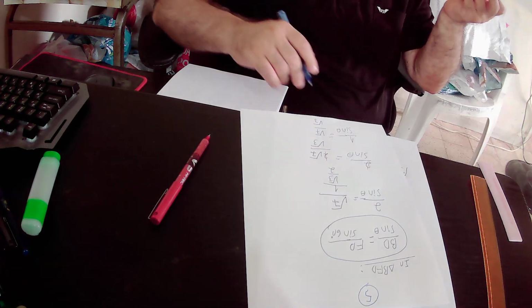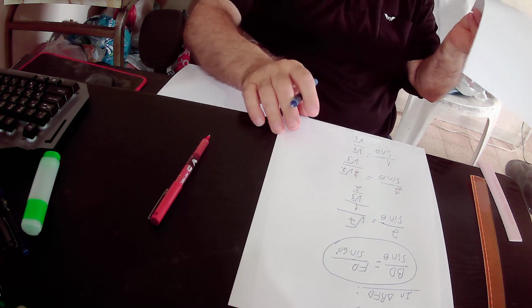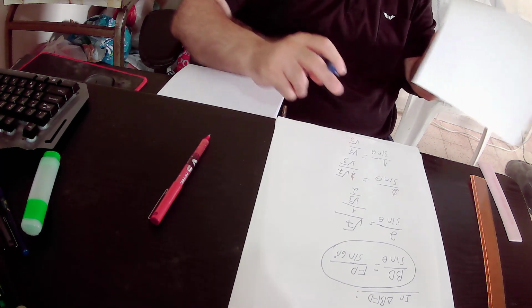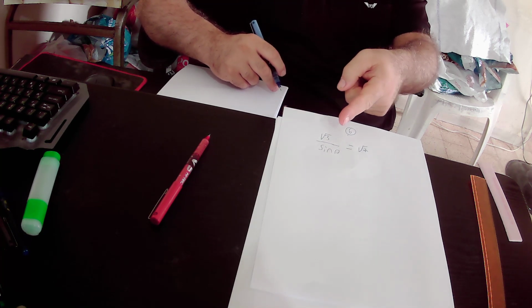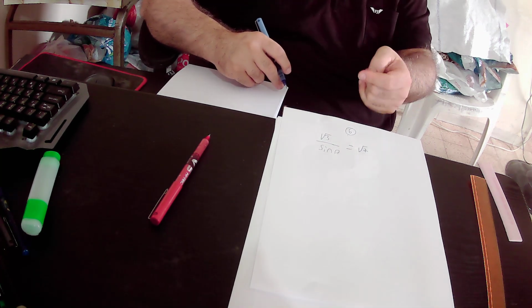After we multiplied this equality by root of 3, we got that root of 3 over sinus theta equals root of 7.